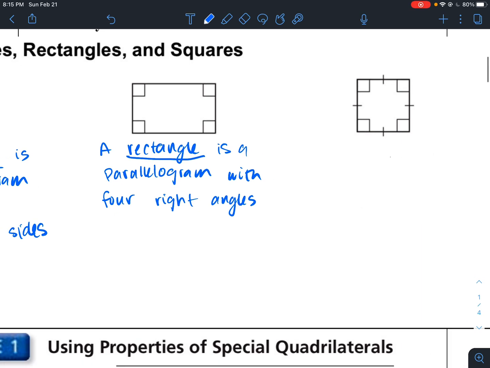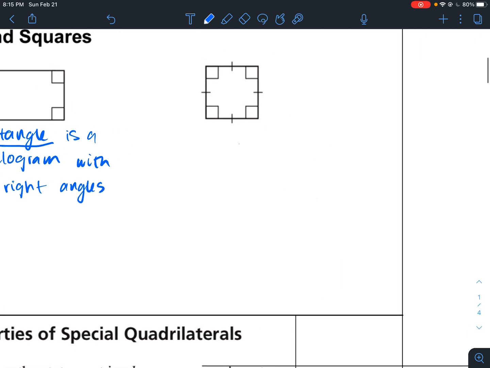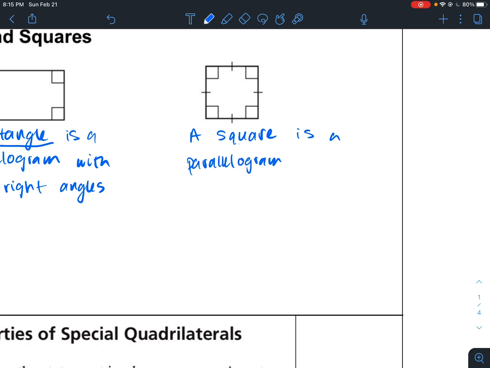And then we come to the square, and a square is a parallelogram with four congruent sides and four right angles.